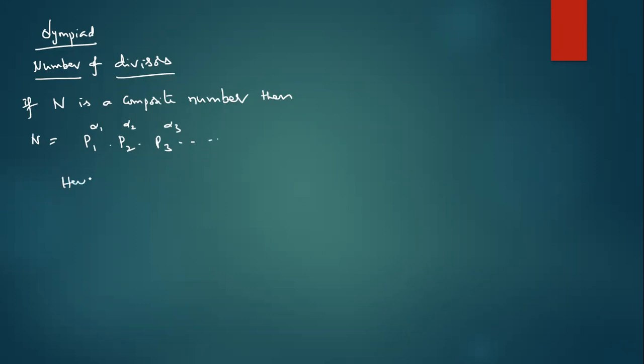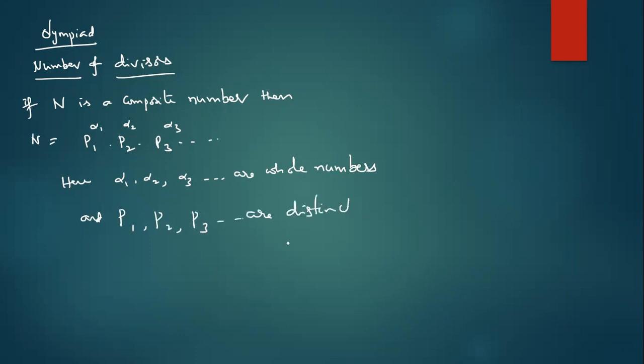Here, alpha 1, alpha 2, alpha 3 are whole numbers, and p1, p2, p3, and so on are distinct primes. Fine. So, how to find the number of factors?